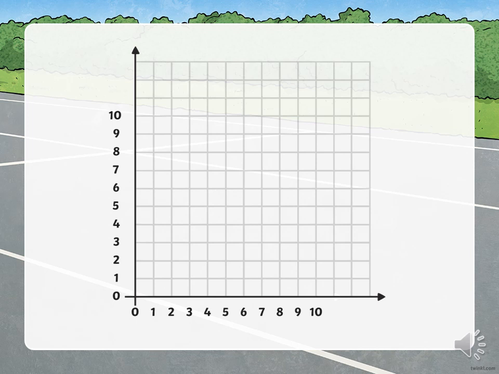What axis is that? Well done, that's the x-axis, and the one going straight up, pointing up like a rocket, that's the y-axis. Well done. So we've got the x-axis and the y-axis.